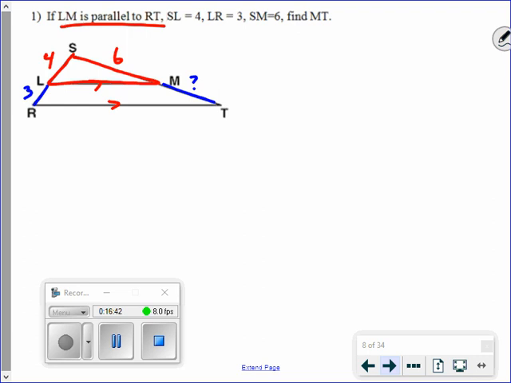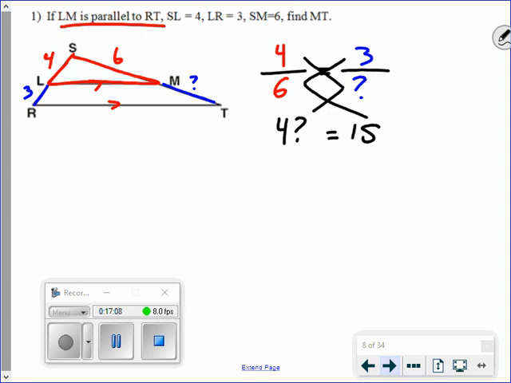I would like you to pause the video and try to set up a proportion. Your proportion might look different than mine, but you did it correctly if the 4 and the x, or whatever we're looking for, are across from each other, and the 6 and the 3 are across from each other.